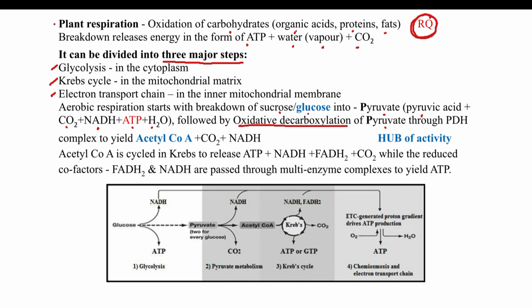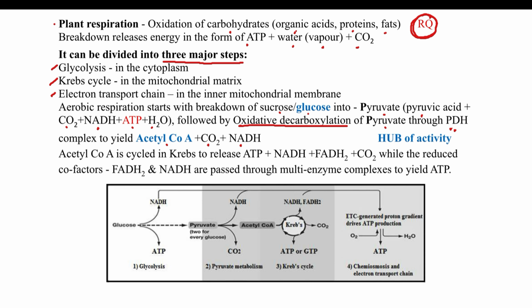We require a multi-enzyme complex, also known as PDH. So, when pyruvate is converted into acetyl coenzyme A with the help of the PDH complex, we also generate carbon dioxide and a molecule of NADH.